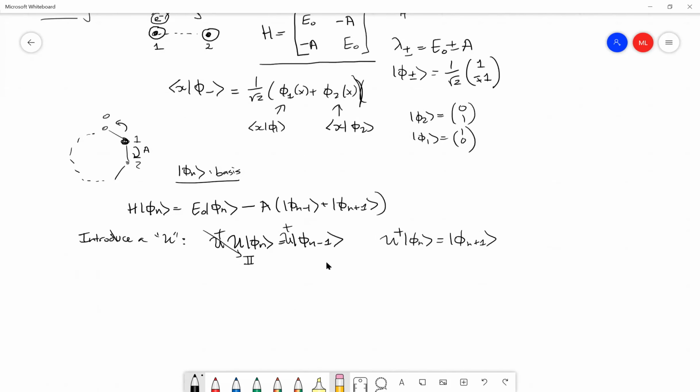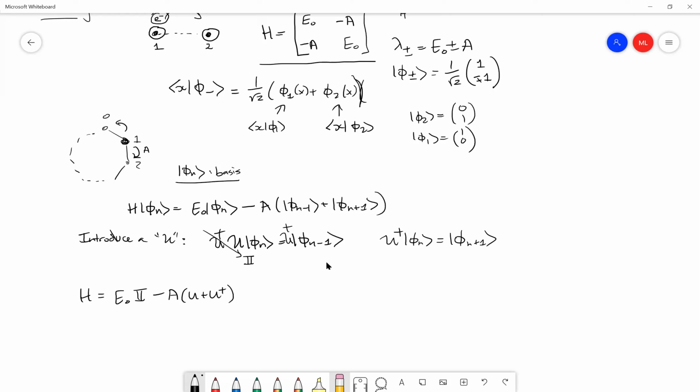And we can just define this operator. And then our Hamiltonian, we can write it in terms of this operator as just the diagonal piece, and then there's a minus A, and then a U plus a U dagger.